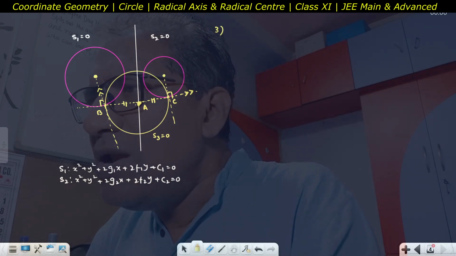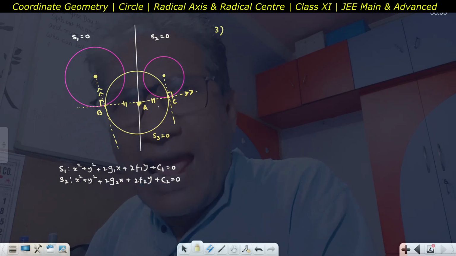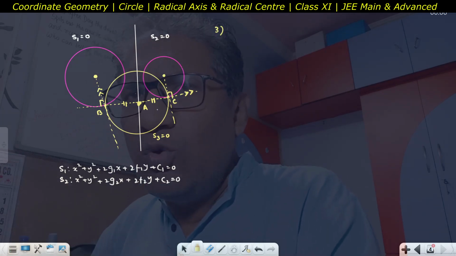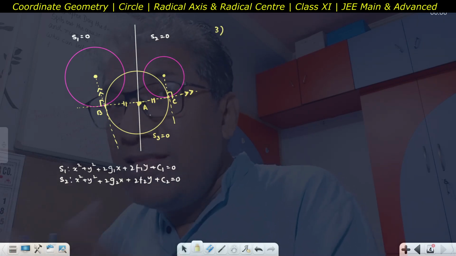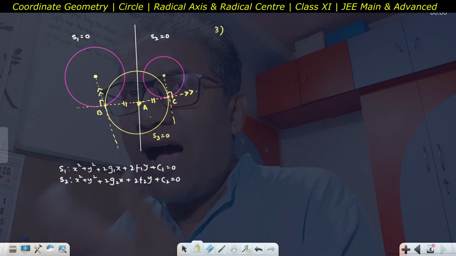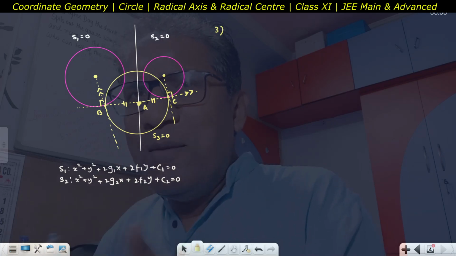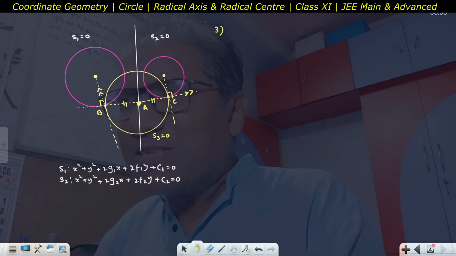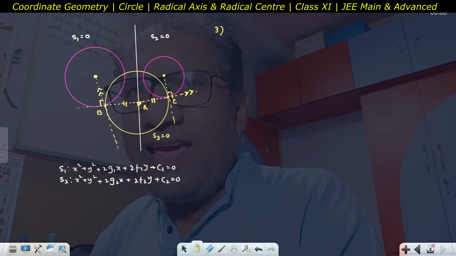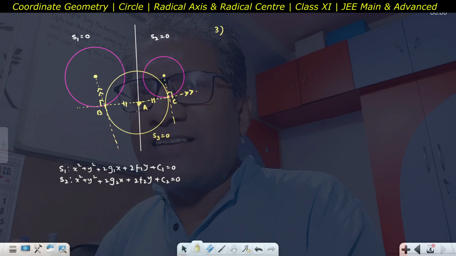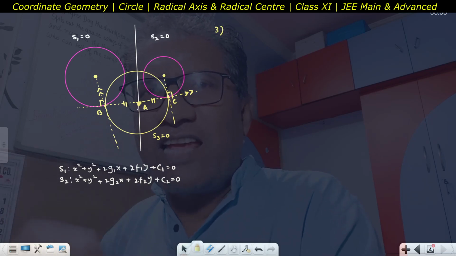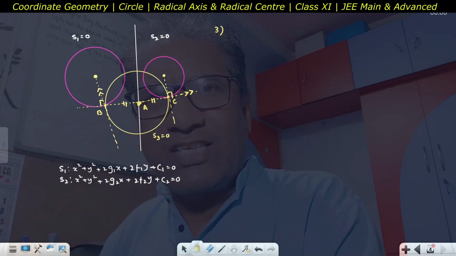These two are basically the tangents to the two circles S1 and S2, and the lengths of the tangents are equal. So what do you mean by that? It means that point A is somewhere on the radical axis of the circles S1 equals 0 and S2 equals 0. It's obvious.